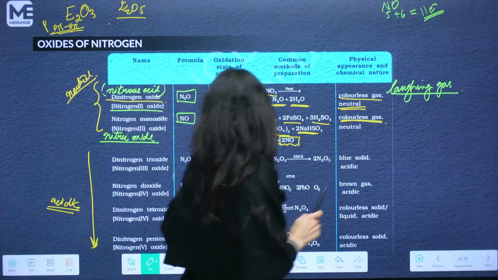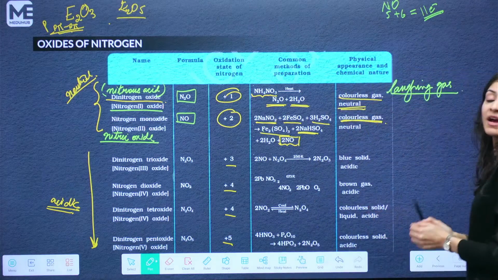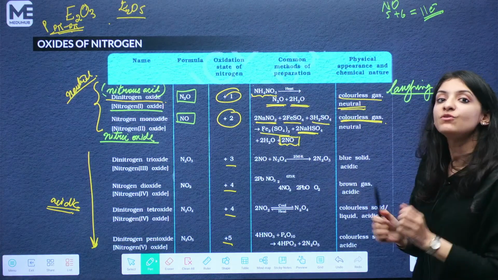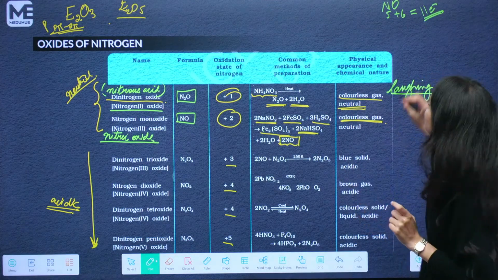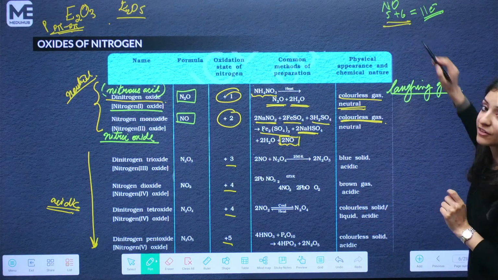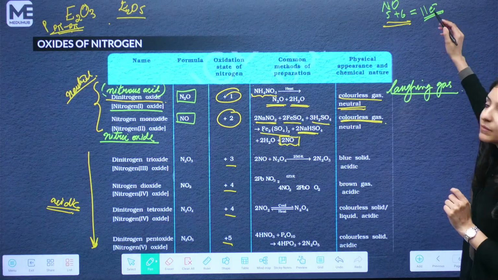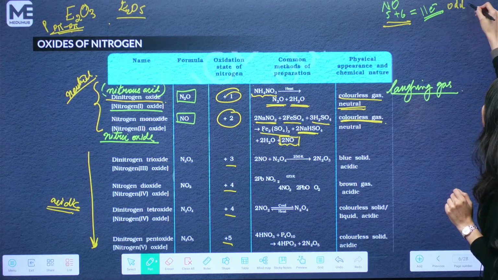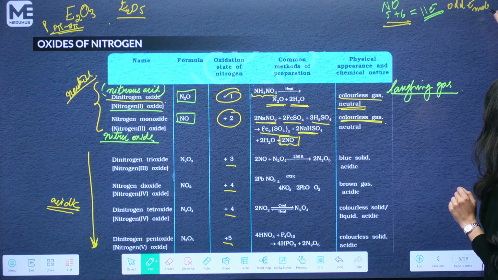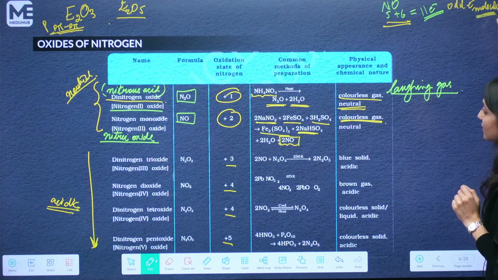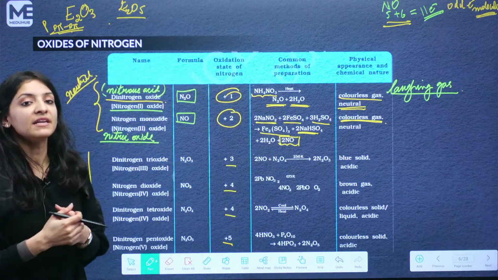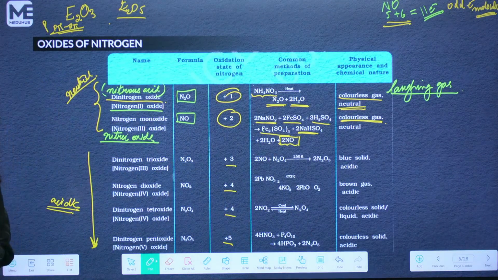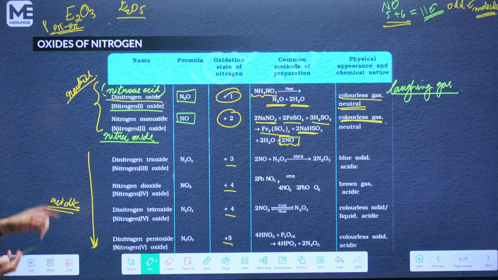So nitric oxide has a tendency to dimerize in the solid and liquid form. Got it? You add the total number of valence electrons. If it is an odd number, that means it's an odd electron molecule and it is paramagnetic. Its tendency is not that high, but it does have a tendency to form a dimer in liquid and solid forms.